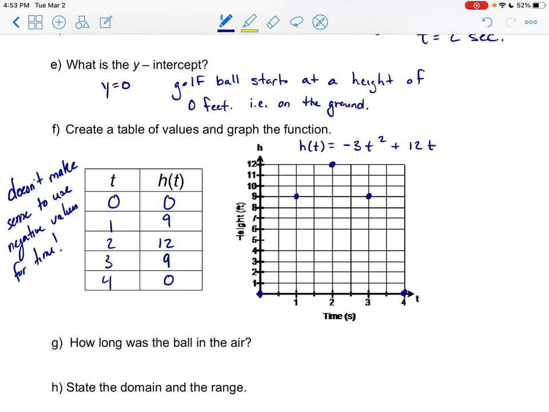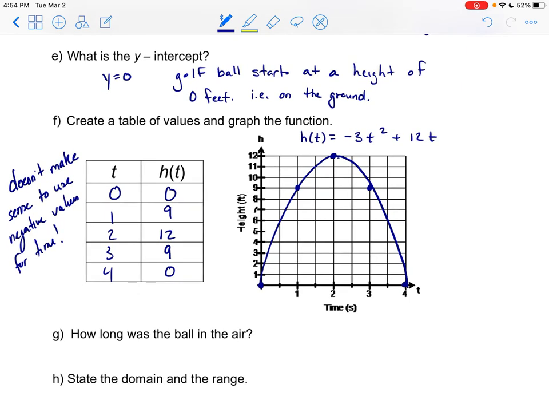And we're back to 0 at 4. So I'll do my best to draw a smooth quadratic, like that. So how long was the ball in the air? Well, it's back down after 4 seconds, so it's in the air for 4 seconds.